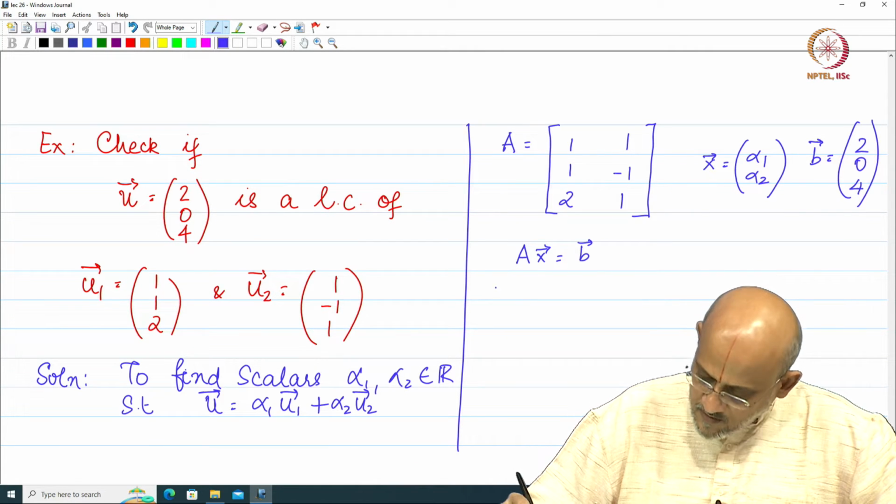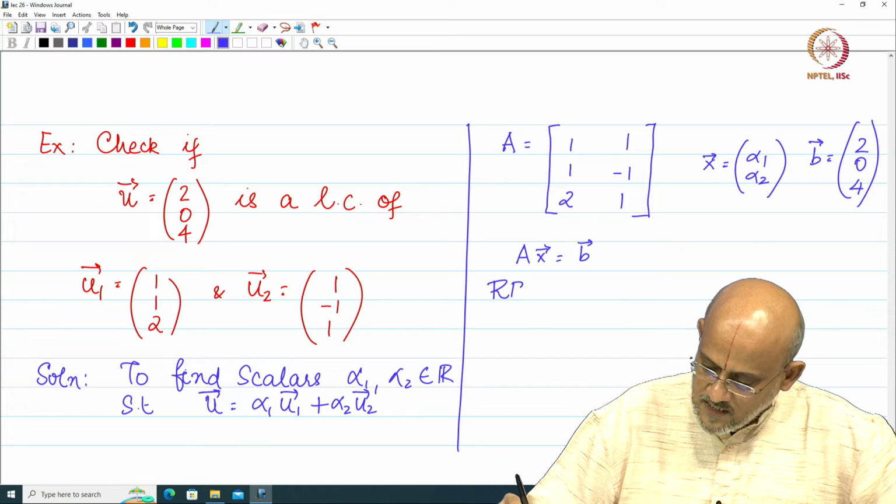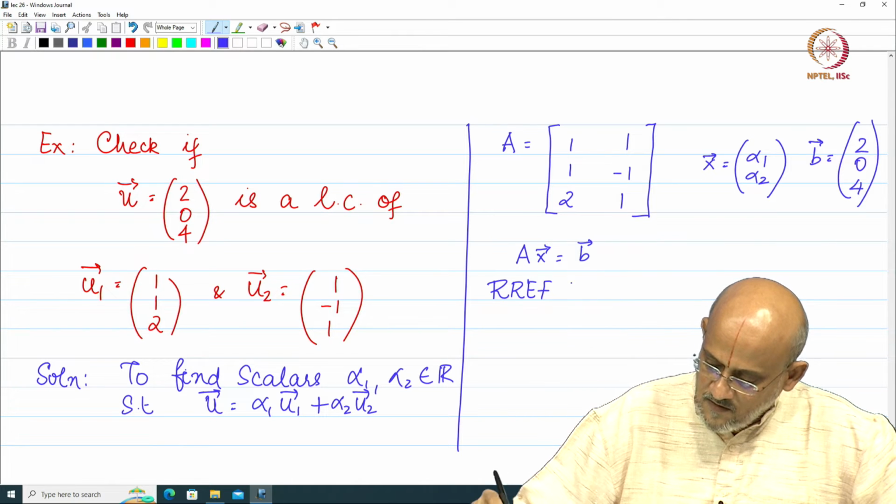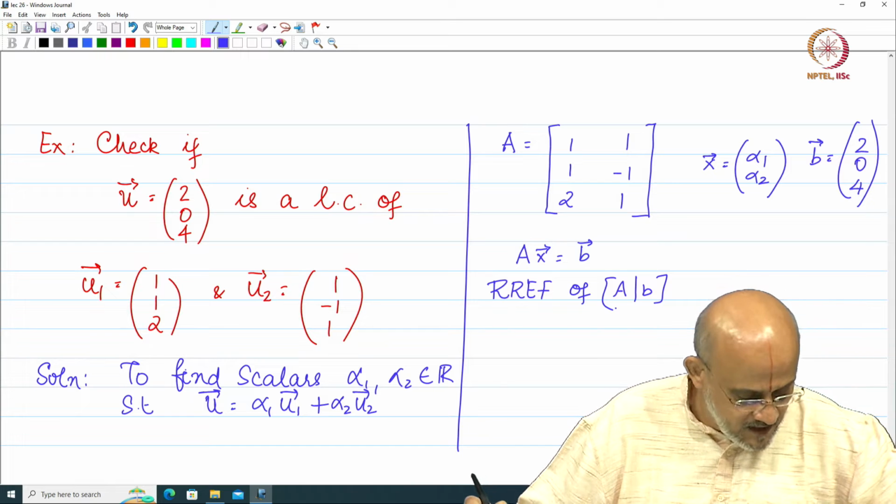We already know that if you do the row reduced echelon form of A augmented with B, we get something very interesting.